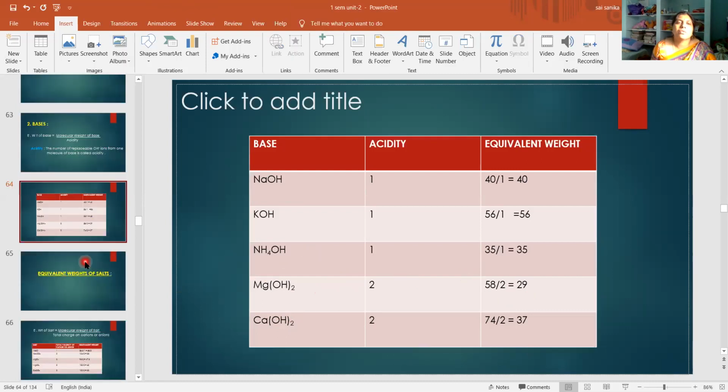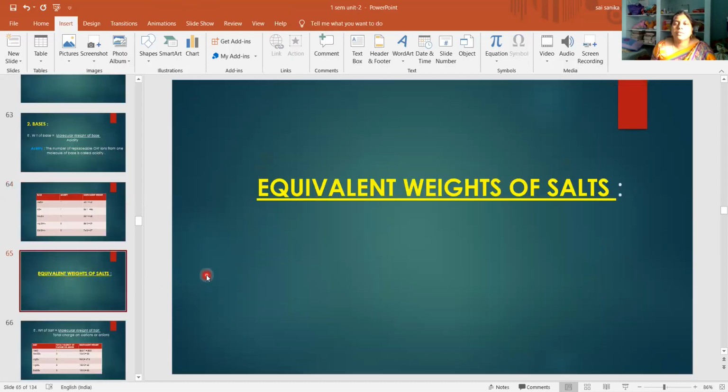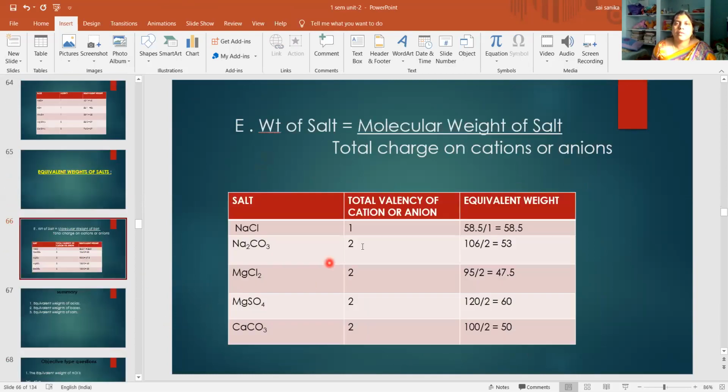Now next, we will go to equivalent weight of salts. Okay. So how is equivalent weight of salt calculated? The equivalent weight of salt is calculated by the formula: molecular weight of salt by total charge on cations or anions.